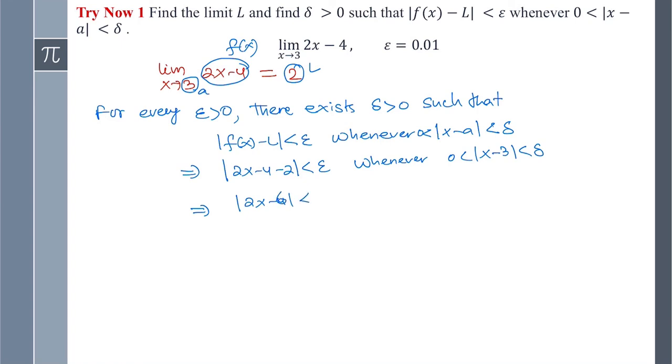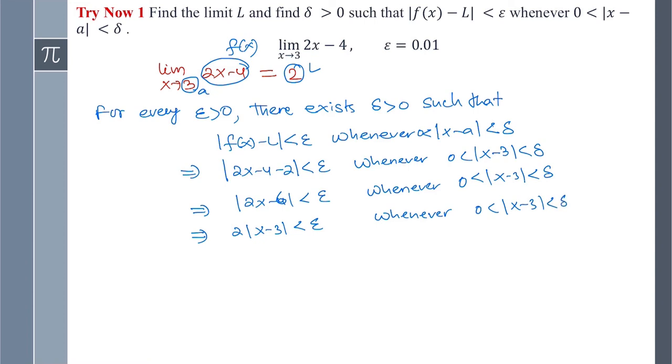The absolute value of that quantity is less than epsilon whenever the absolute value of x minus 3 is in between 0 and delta. Now, if we factor out 2, we get 2 times the absolute value of x minus 3 is less than epsilon whenever the absolute value of x minus 3 is less than delta.